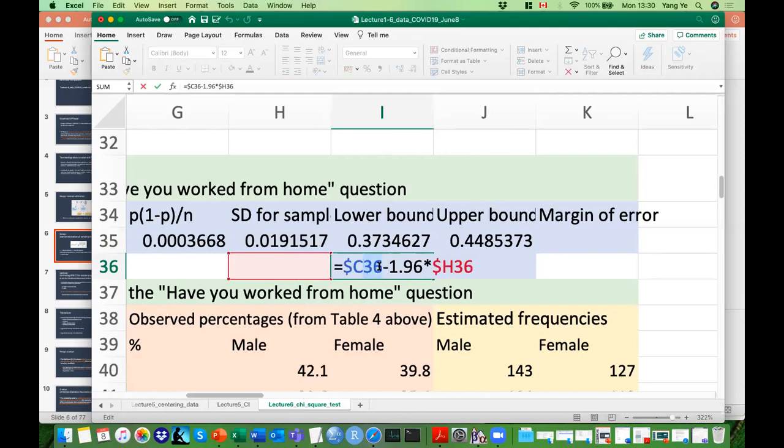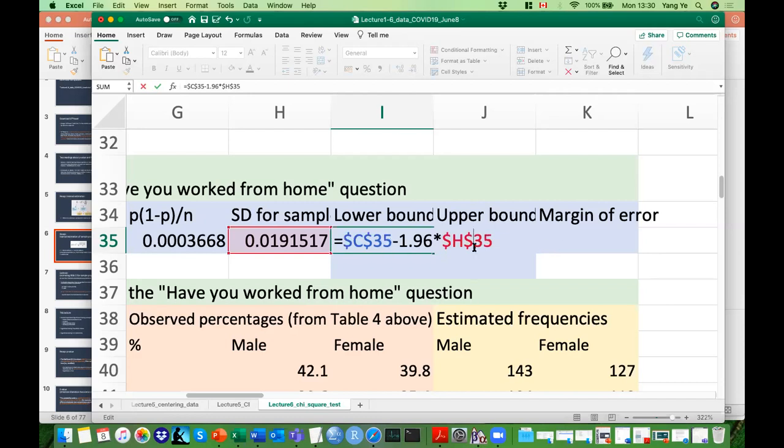But the row has now been updated to 36. Now, if we want to lock the row, we'll have to put a $ at the row as well. So we put a dollar sign before the 35 for both C35 and H35. Now this whole equation is completely locked, right? So if we drag it anywhere, it wouldn't change.